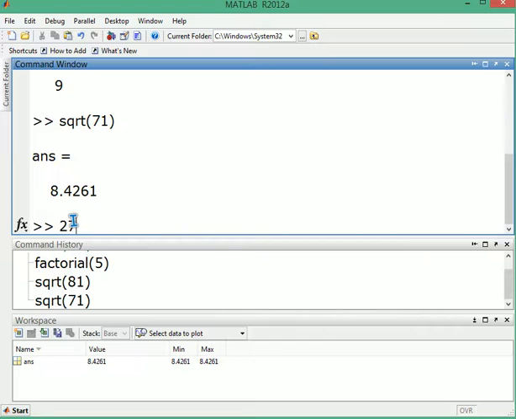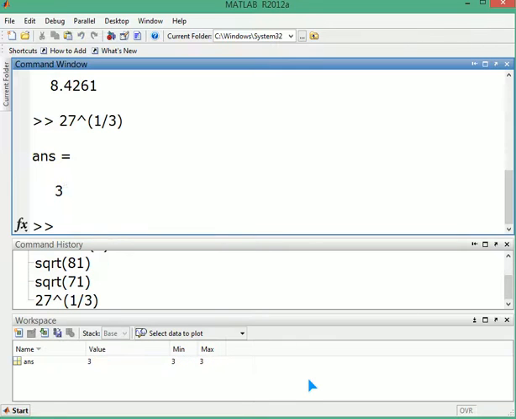So we know that the cube root of value 27 is 3. 3 into 3 into 3 is 27. This is how we may represent it, and the answer will be 3. For that we have a common function which is called nth root.